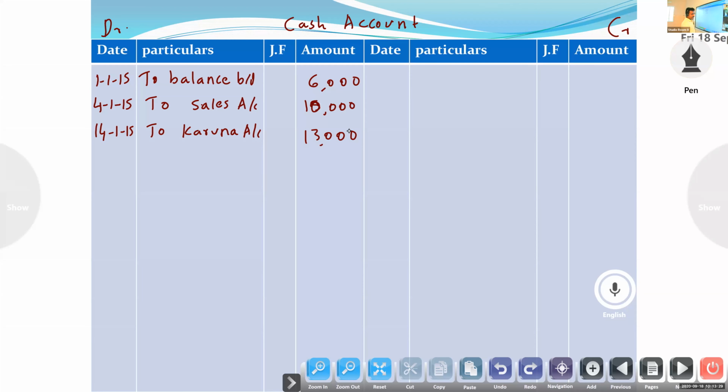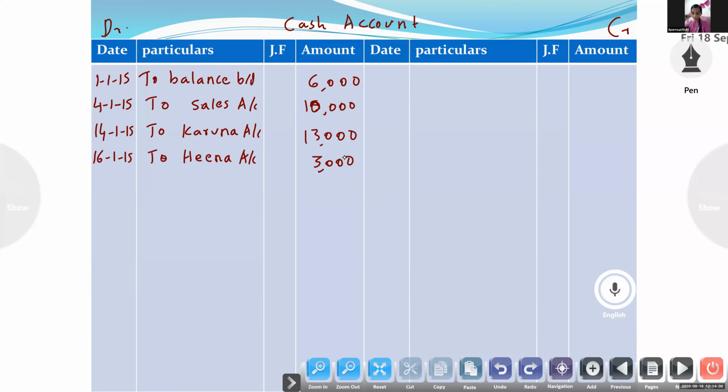Next transaction. Sir, 16th, cash account debit side, to Hina account. Amount 3,000. Okay, 3,000. Next cash transaction, 20th.